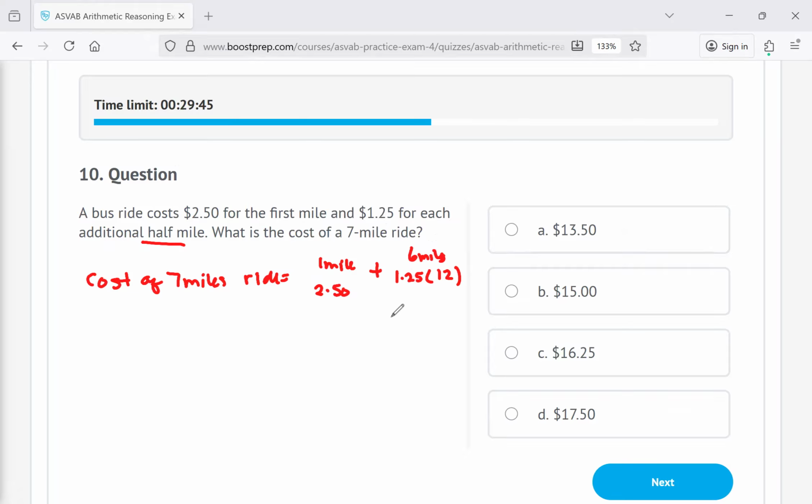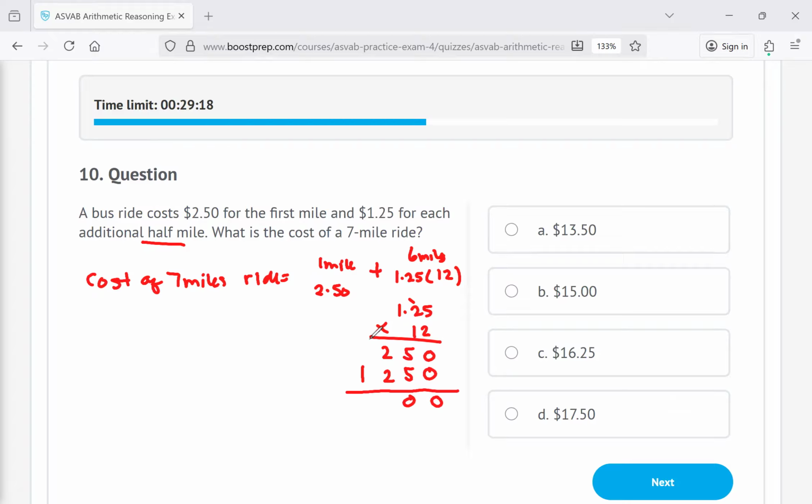Okay. So, what's 1.25 times 12? This would be 5 times 2 is 10. Carry the 1, 4, 5. 1 times 2 is 2. Placeholder. 1 times 5 is 5. Times 2 is 2. 1 times 1 is 1.